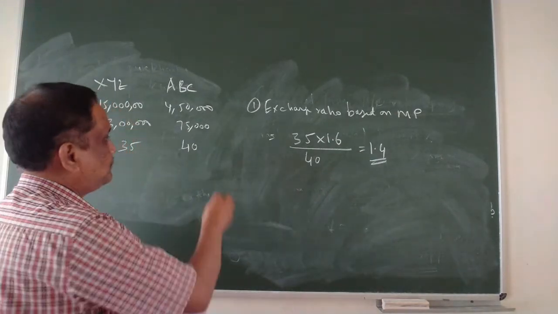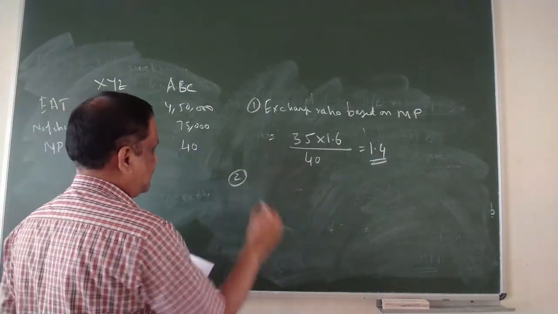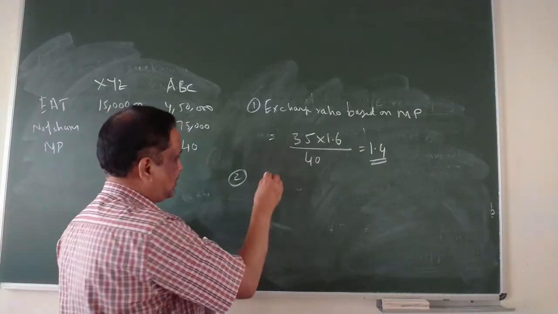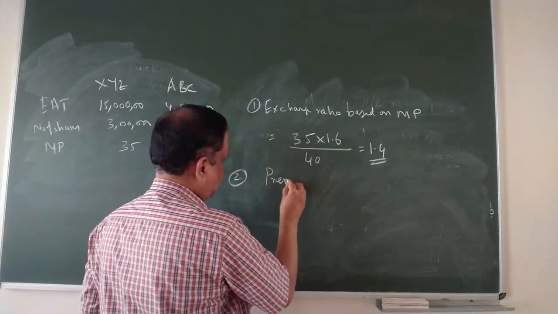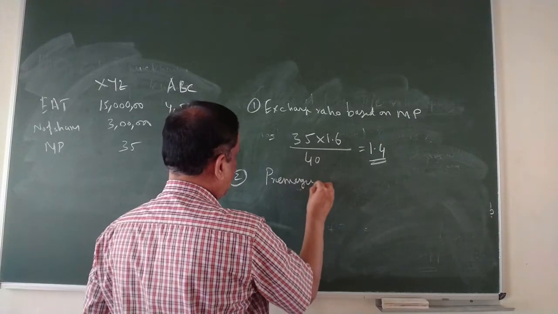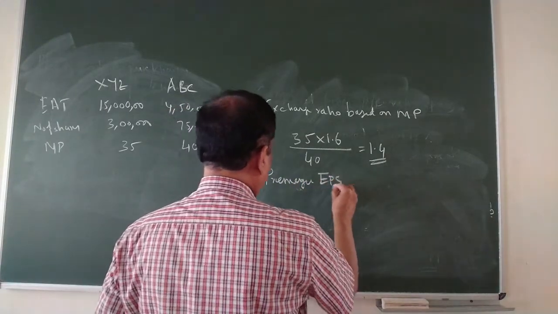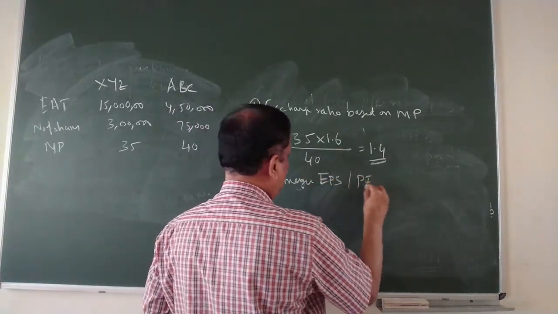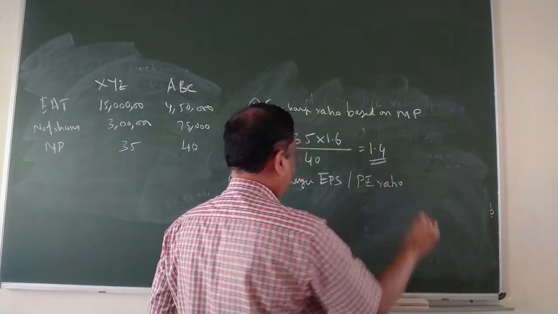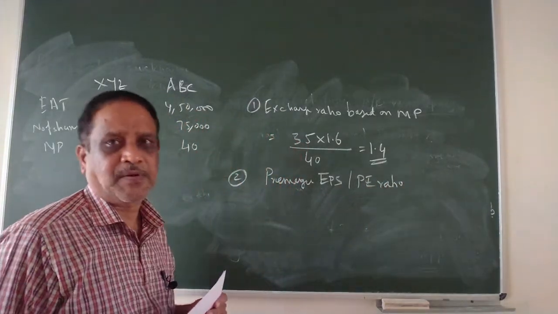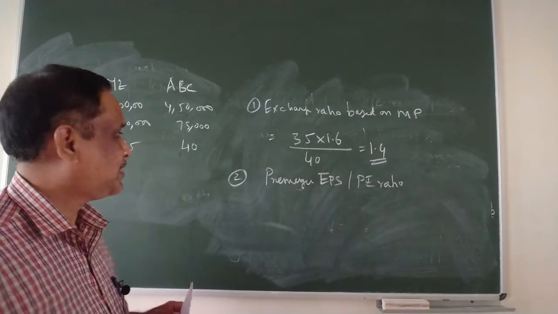And second question, calculate pre-merger EPS and PE ratio. We know the formula for earnings per share: net profit divided by number of shares.